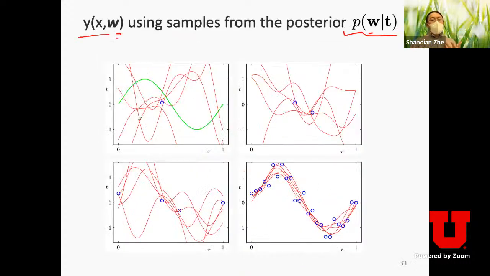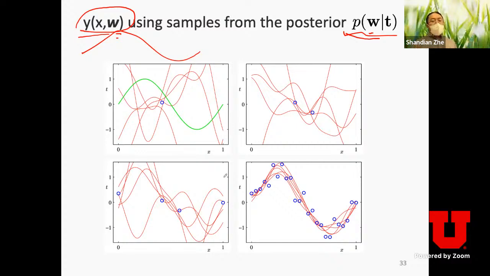If you have only observed one data point, you can imagine your posterior distribution is quite wide, and then you sample W from all kinds of places, so you end up with widely spread function curves. When we have 2 more points, your posterior distribution is much more concentrated. So when you sample from the posterior distribution and use the samples to construct the function of Y, you can see the range is much narrower.